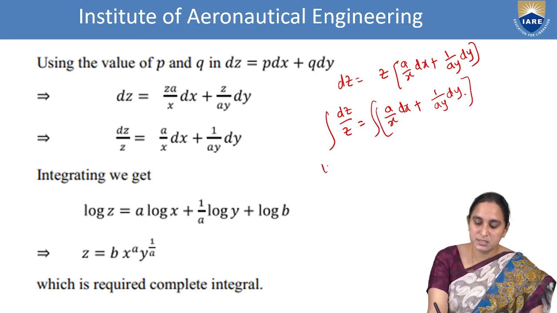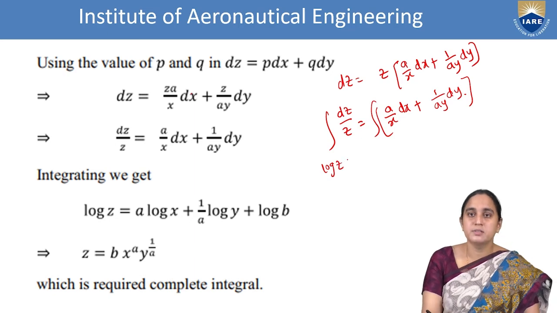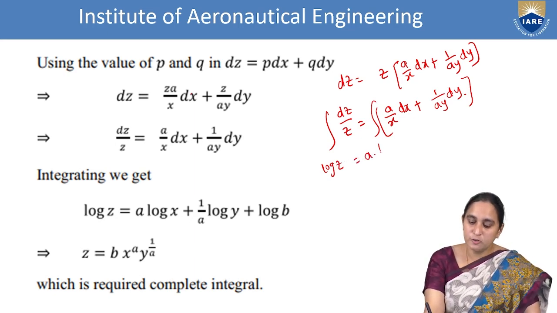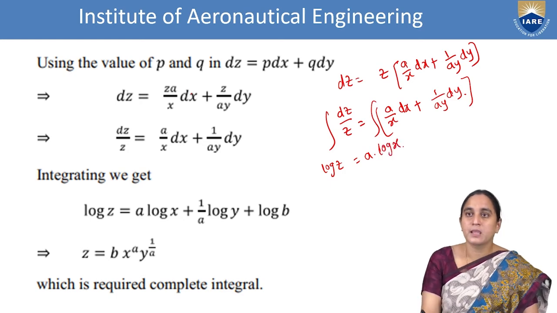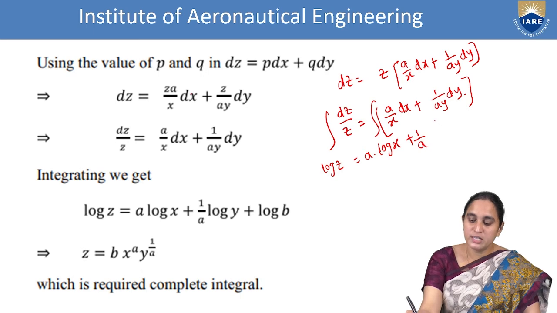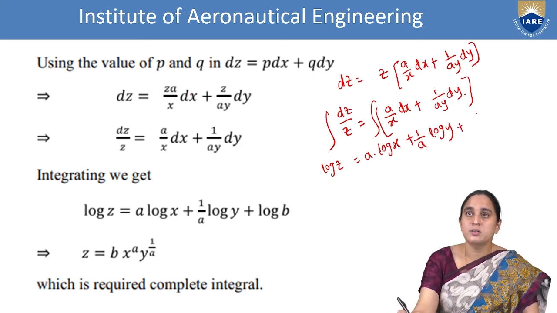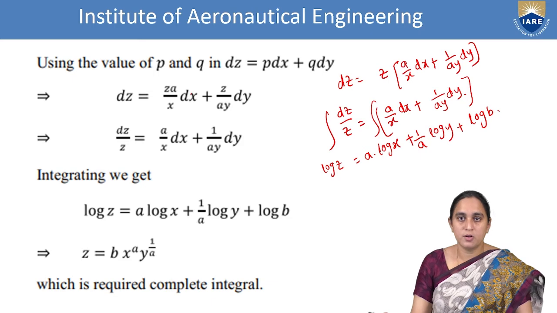dz by z means logarithmic of z, equal to integration with respect to x, a into log x, plus 1 by a taken outside, with respect to y integration, that is log y. I'm taking the constant also in terms of logarithmic, that is log b.